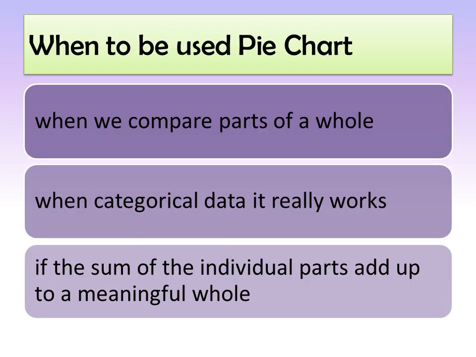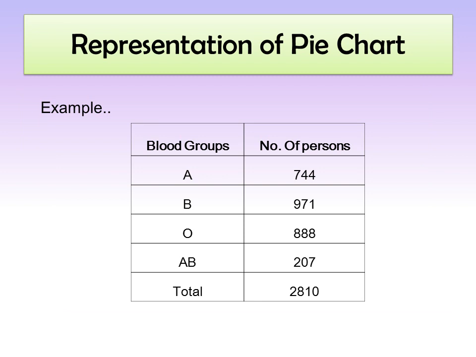We can use a pie chart for comparing parts of a whole, and whenever we have categorical data, the pie chart really works. And if we have individual parts to be added up as a whole, then we can use a pie chart.